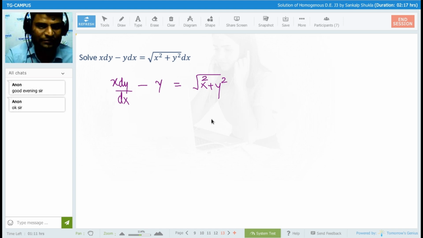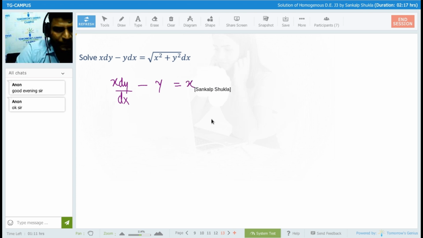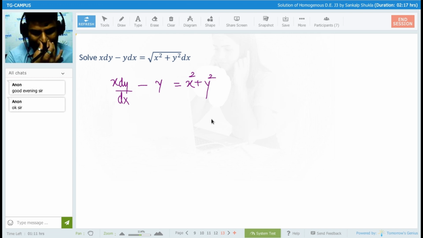It is only x square plus y square. Try to solve it now.